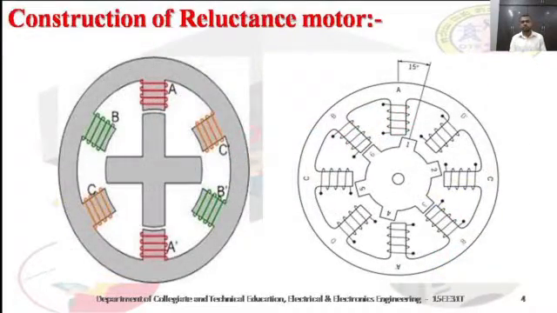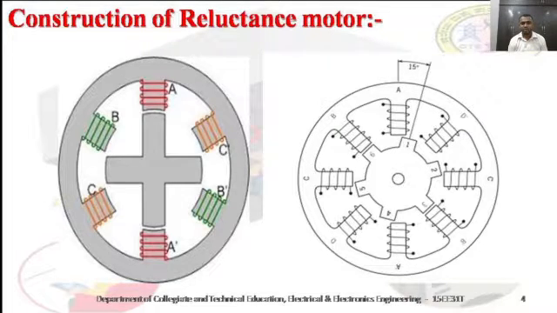Next is the construction part. See how the reluctance motor looks. It's a cross section view. We are using the ferromagnet, right? The ferromagnet is the rotor part, what we said in the previous slides. The plus symbol which you see in the first figure is the rotor. And the single phase, the red, yellow, green, these are the phases we are using.